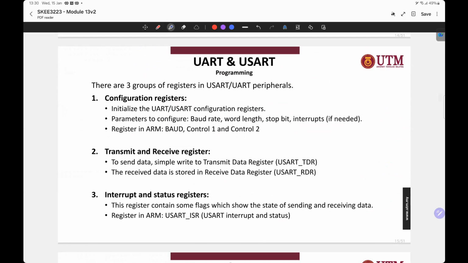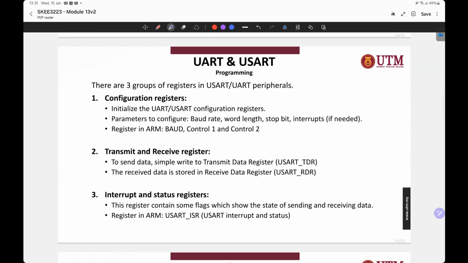In terms of programming, as in the previous chapter, we need to know what registers are involved. Similar to UART and USART programming, there are 3 groups of registers in USART and UART peripherals that you need to know.